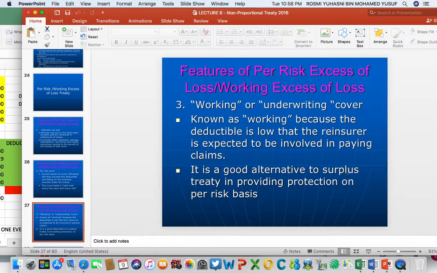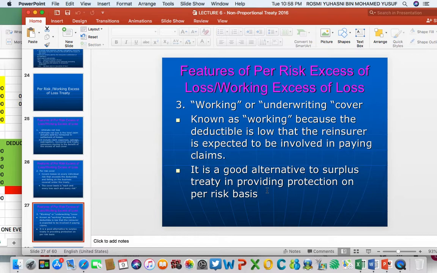The only difference is that with surplus reinsurance or proportional reinsurance, they have to share the original gross premium with the reinsurer. Whereas if the insurer is using working excess of loss cover as protection for per risk losses, they do not have to share the original premium.